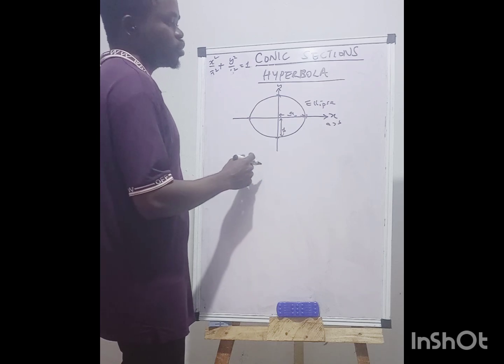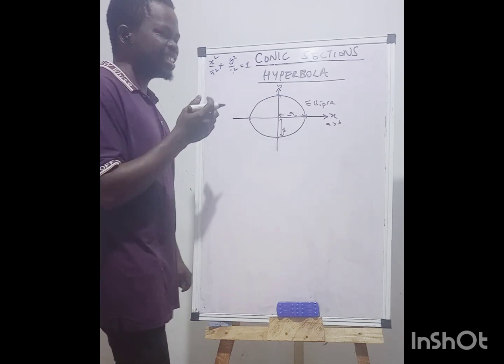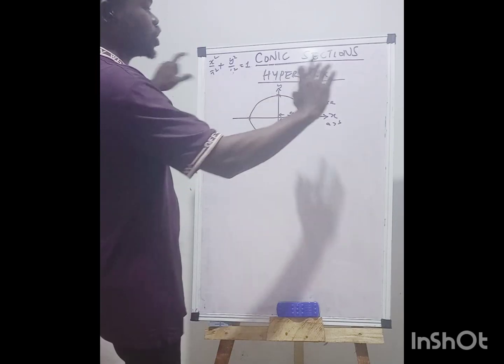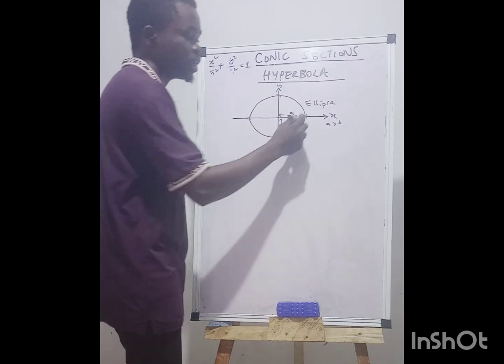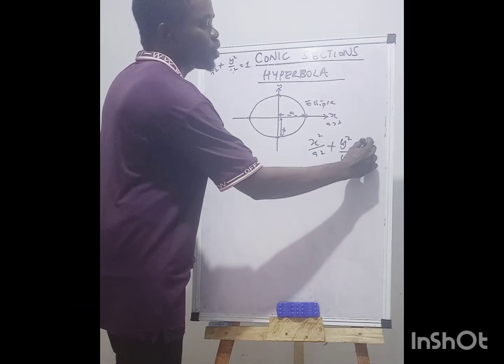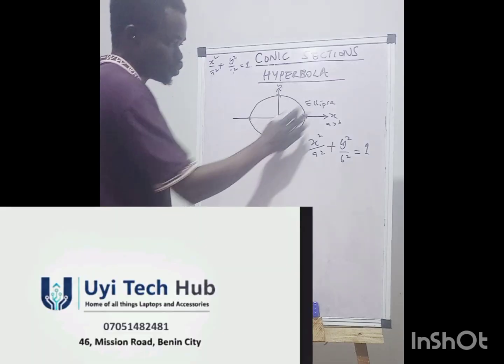Knowing that, the equation of this ellipse gives us a formula: x squared over a squared plus y squared over b squared equals 1. Take note, this is for this shape.